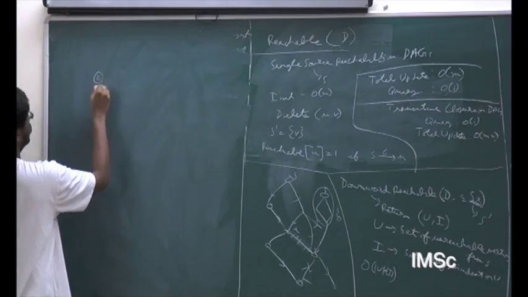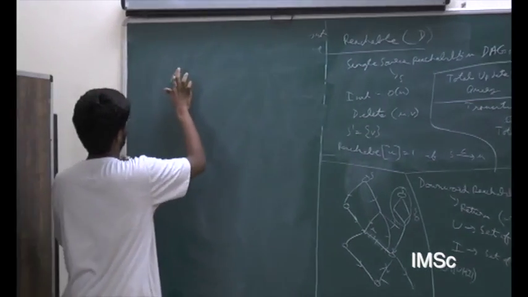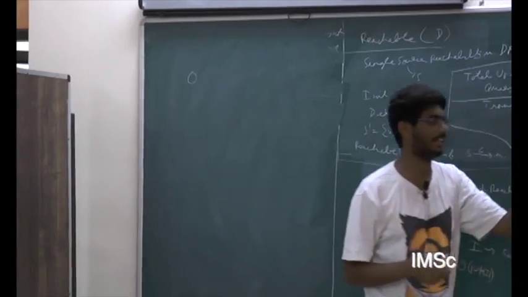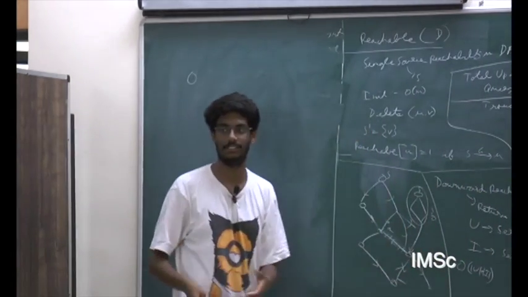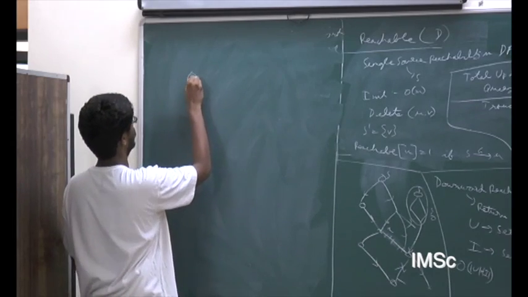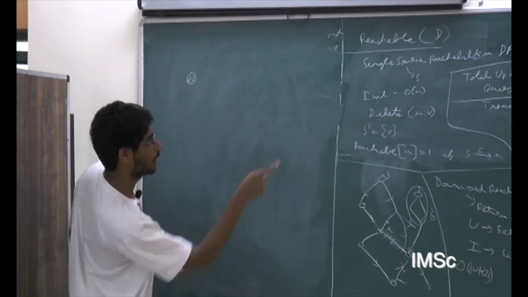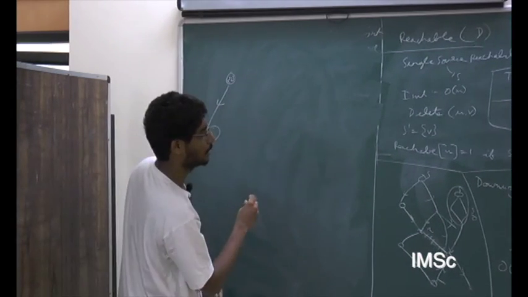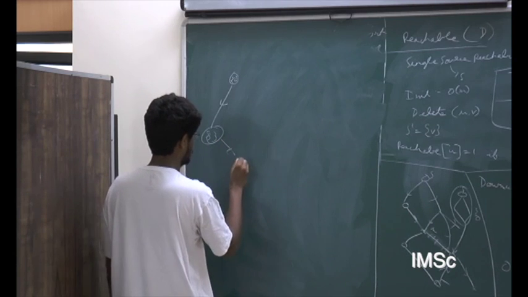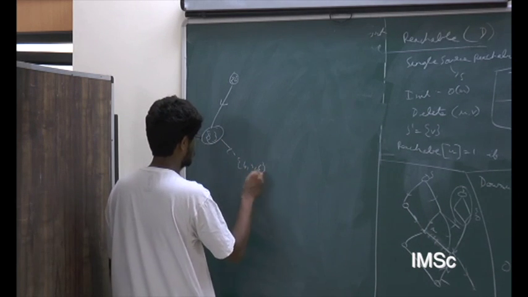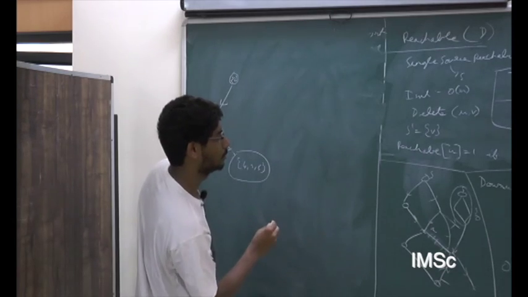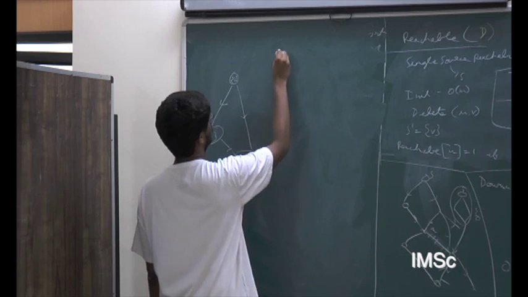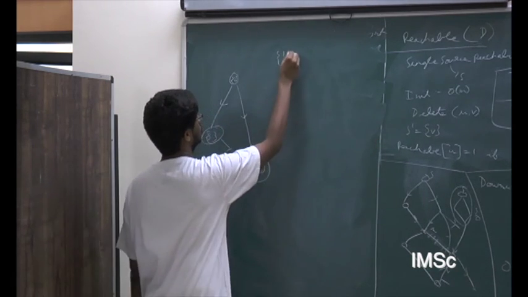Let's get the notations correct. Every vertex in condense is labeled by the set of vertices which are in that SCC. So this is set 2. Set 2 has an edge to set 3. Set 3 has an edge to the rest, whatever, 1, 2.